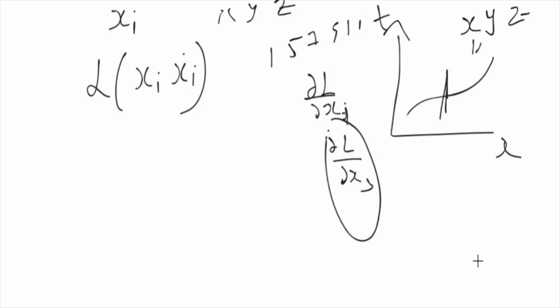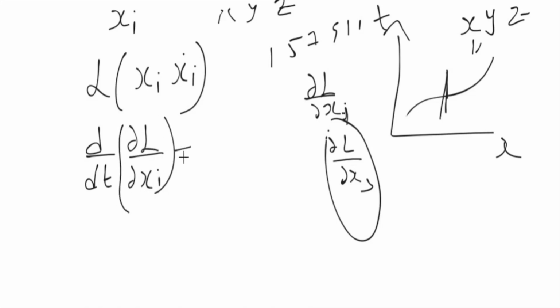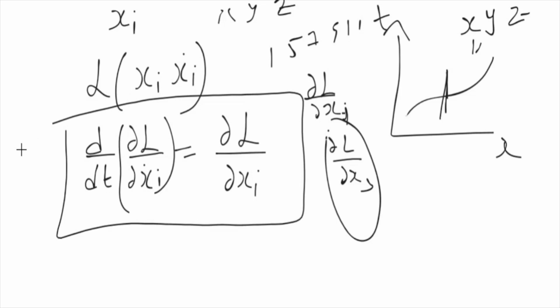So we will have a separate equation for each i, and the Lagrangian equation will be d by dt of del L upon del x_i dot is equal to del L upon del x_i. So this is the Lagrangian equation.